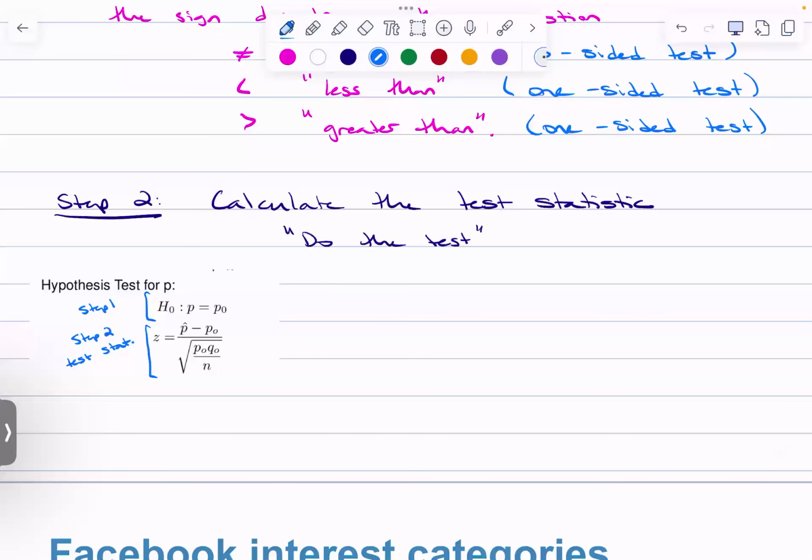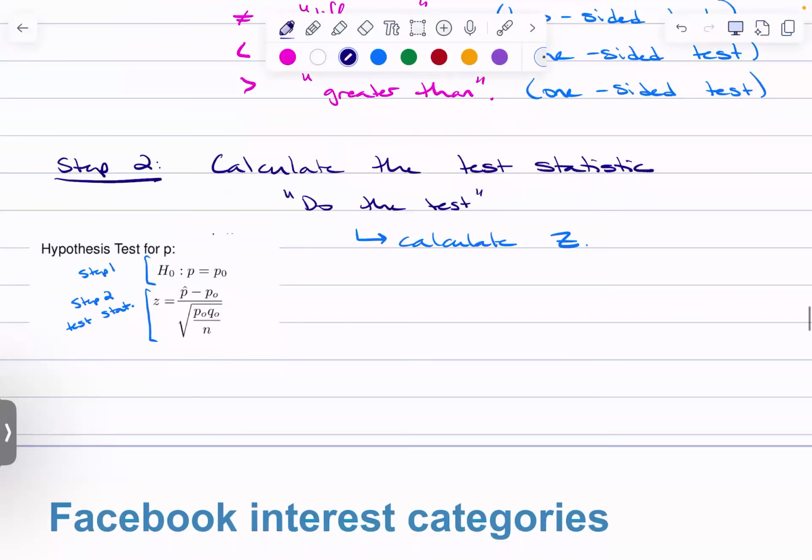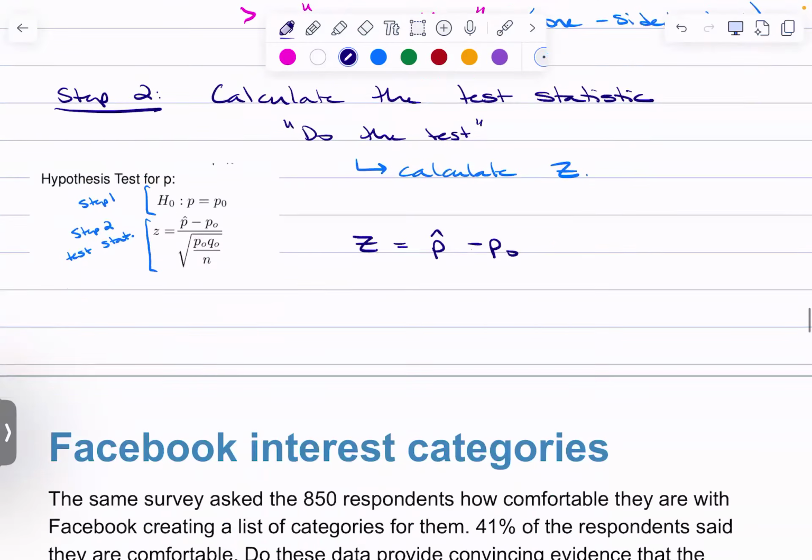So do the test, in this case, for a one sample proportion, really means calculate Z. Right? Calculate Z. Z is p hat minus p naught divided by the square root of p naught q naught over n.